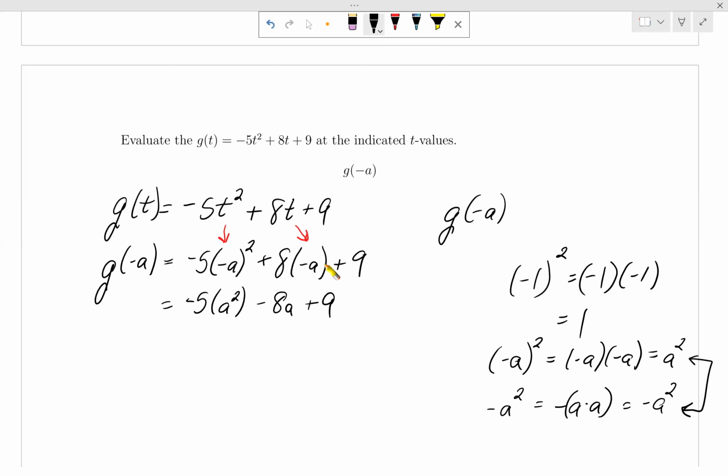If it helps to think of it like this, you can think of negative 1 times a as equal to negative a. So this negative 1 right here times the 8 gives us the negative 8a, or minus 8a.